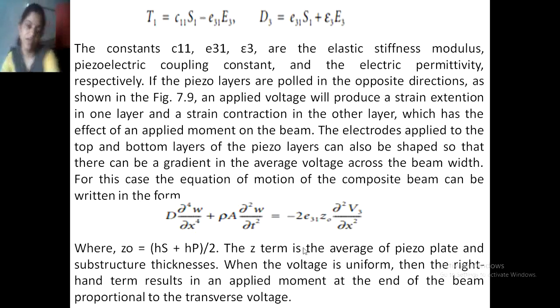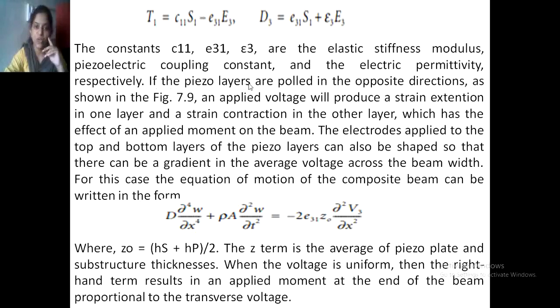Okay. Here the strain and the displacement are given by the constants C11, E31, epsilon 3, that is the elastic stiffness modulus, piezoelectric coupling constant, and the electric permittivity respectively.